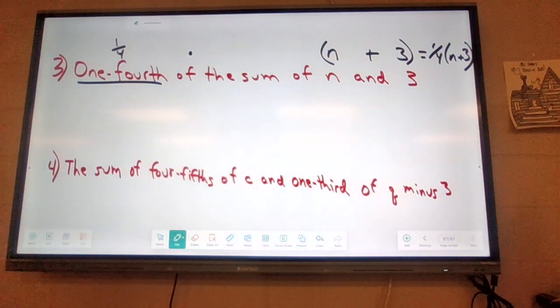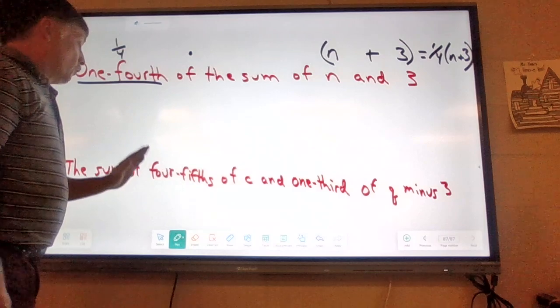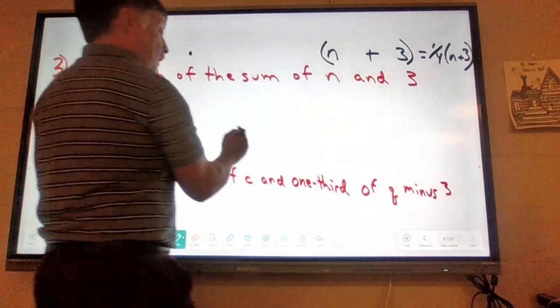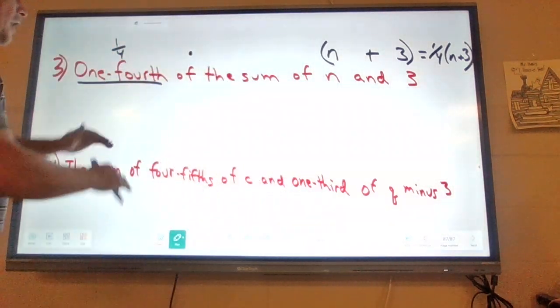Now, this right here gets a little more complicated too, okay? When it says the sum of, it means the sum of these two things, just like up there.